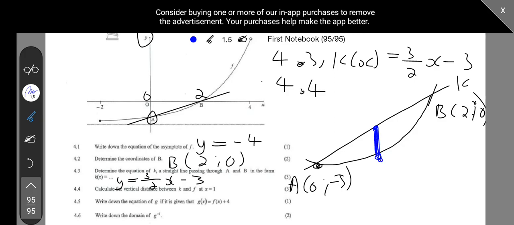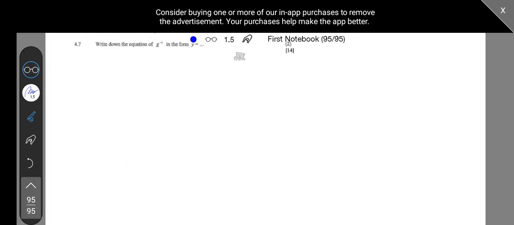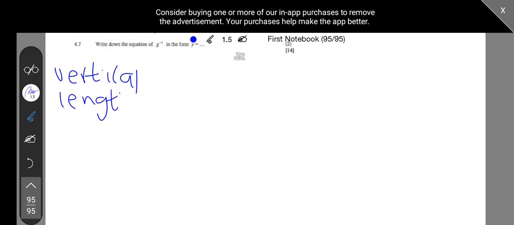So this will be the blue line at x equal to 1. There's something important I want to tell you: whenever they say calculate a vertical length or vertical distance, you must say the values of y at the top minus the values of y at the bottom.